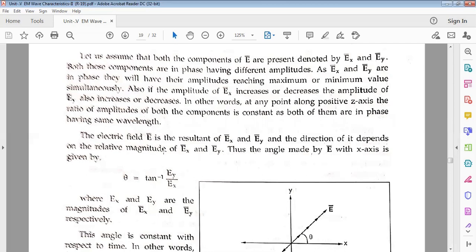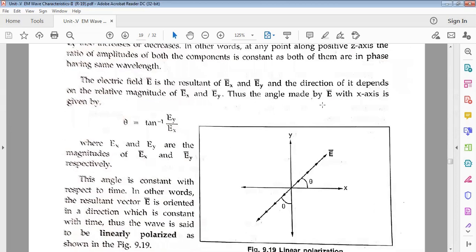So we have the Ex and the Ey, and its amplitudes either increase or decrease when it is along the positive Z direction. The ratio of the amplitudes of both components is constant. The electric field E bar is a resultant of Ex bar and Ey bar, and its direction depends on the relative magnitude of Ex and Ey.